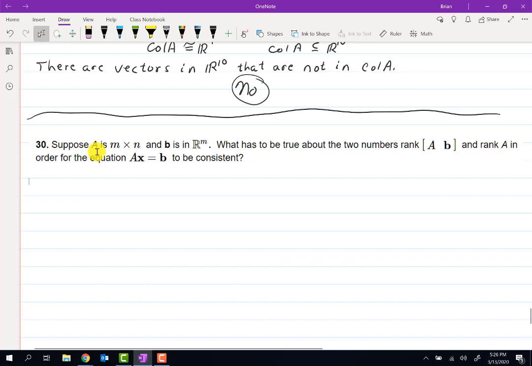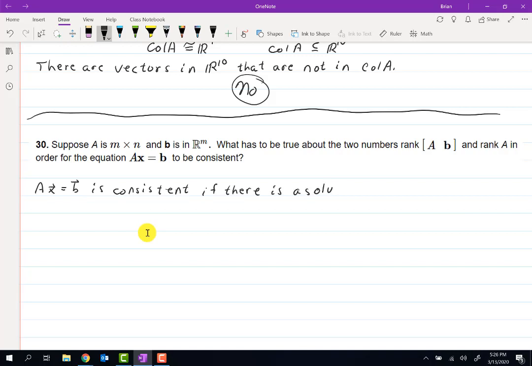So in order for AX equals B to be consistent, that is consistent if there is a solution. It doesn't say unique solution, just a solution. That's all that means. So to have any kind of a solution, what must be true? Suppose A is m by n and B is in R^m.